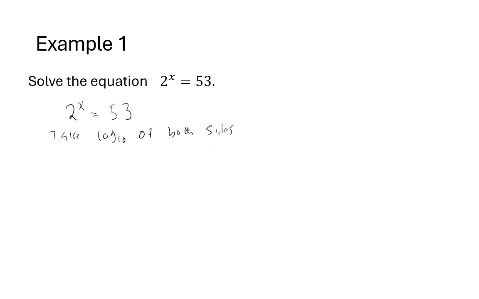And this will just be log. Since it is base 10, I can just write it as log 2 raised to the power of x is equal to log 53. Then after we write it like this, we should remember the rule that if you have a log of any number raised to the power of n, you can just take this n back, n log a.